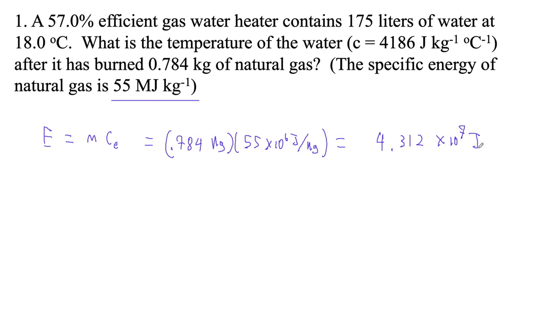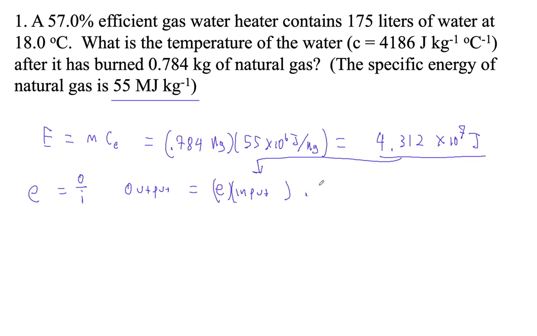Now, remember, it's 57% efficient. So what that means is that when you burn this, 57% of that energy turns into the heat that goes into the water. I'm using this formula: efficiency is output over input. So the output, which is what goes into the water, is the efficiency times the input, and this is our input, right?